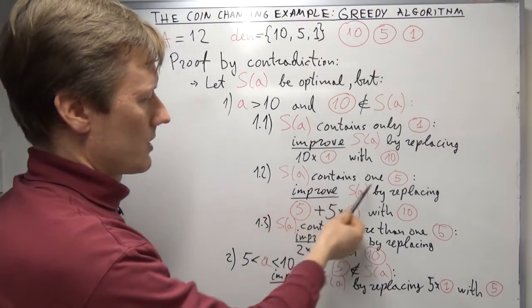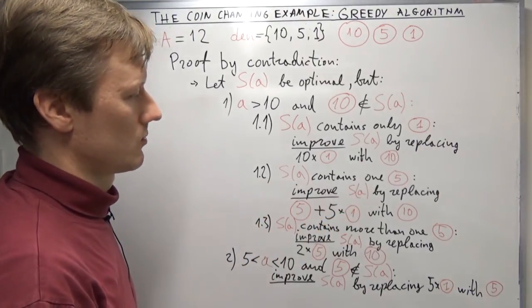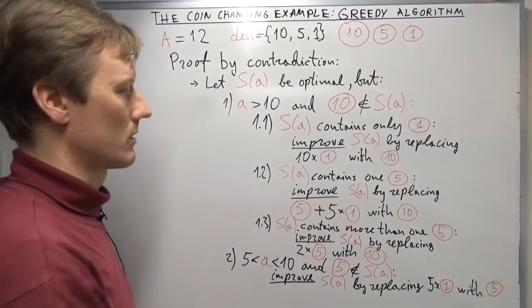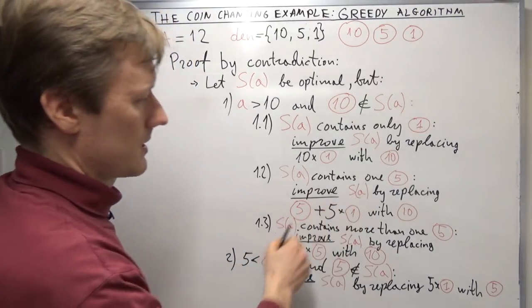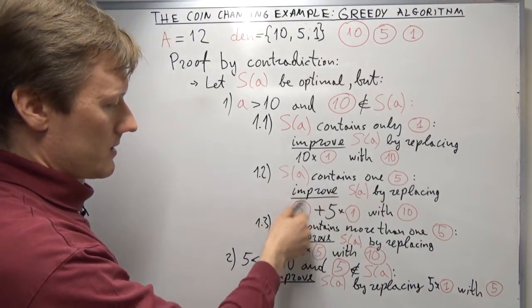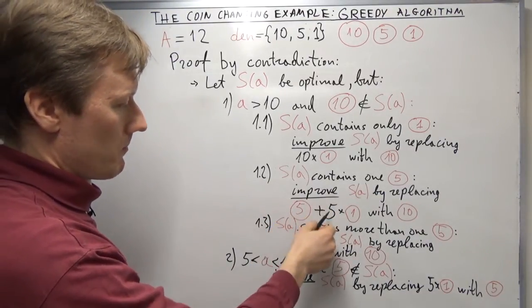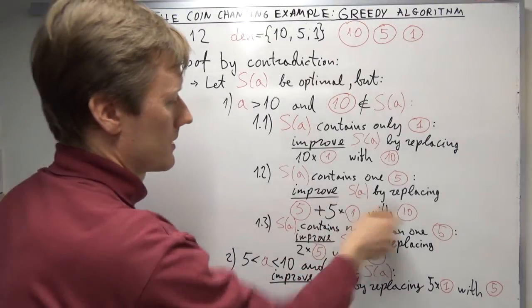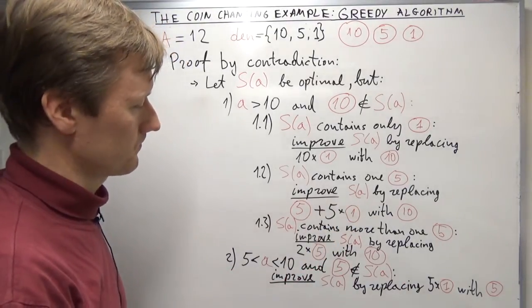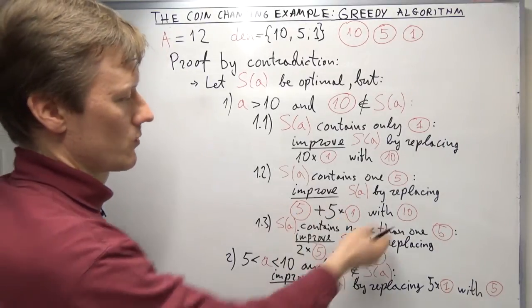Let's say SA contains just one 5 krona coin and then some 1 krona coins. Then we can improve this SA by replacing this 5 krona plus 5 of 1 krona coins with one 10 krona coin. So instead of 6 coins, we have 1 coin.